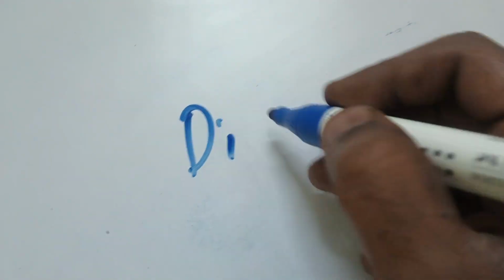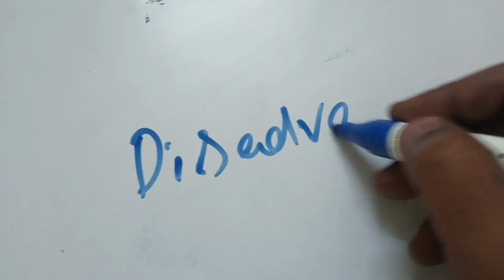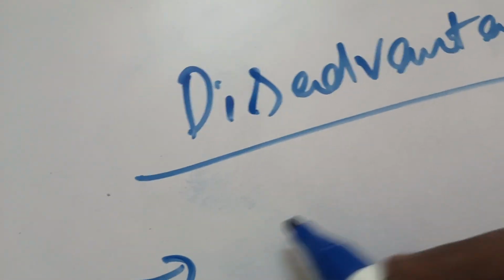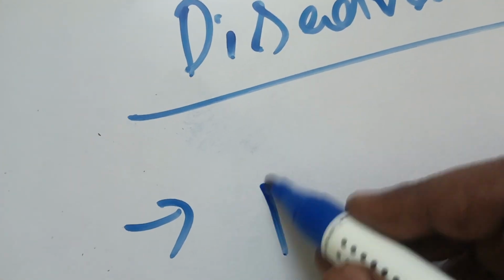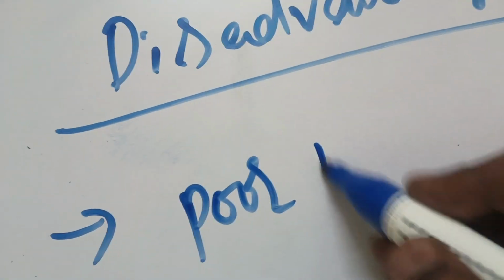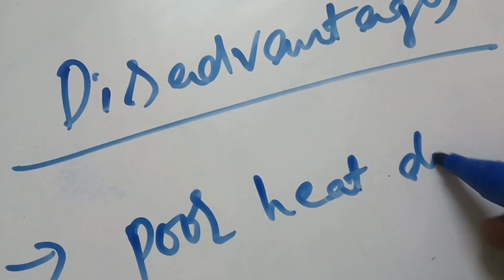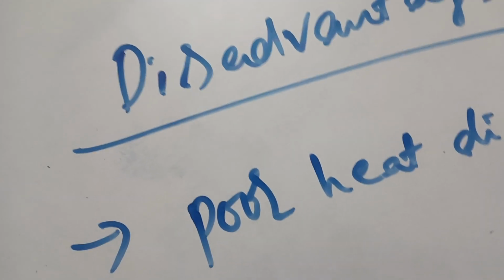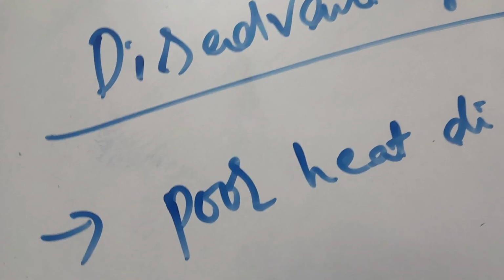Next is disadvantages. Disadvantages are poor heat dissipation, and ICs cannot be repaired.